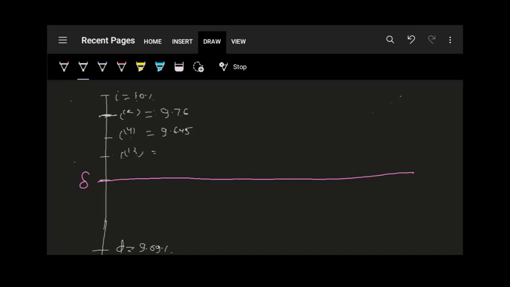So when I calculate D2 from this, D equals 9.09, D2 will be equal to 9.30.